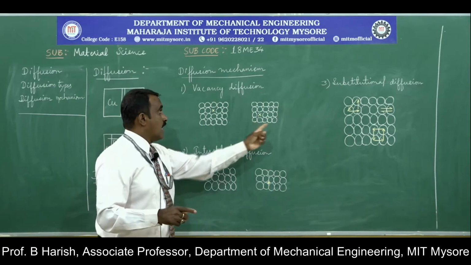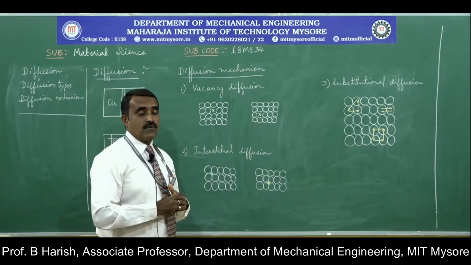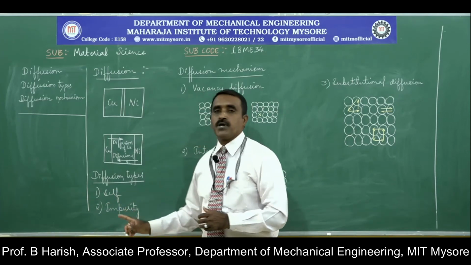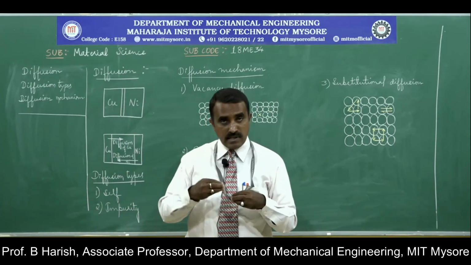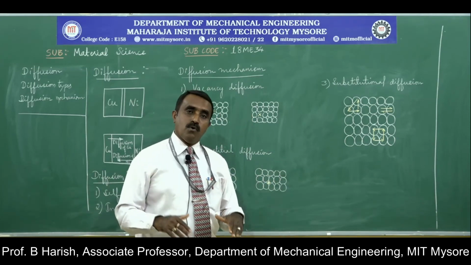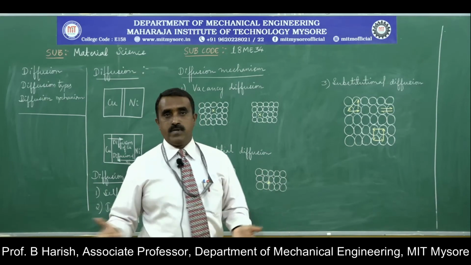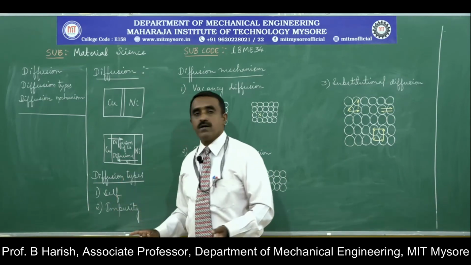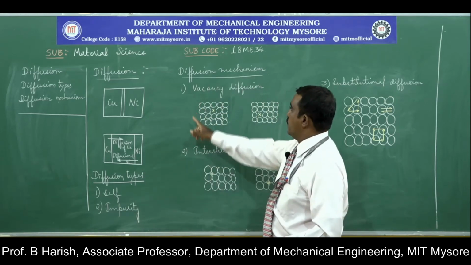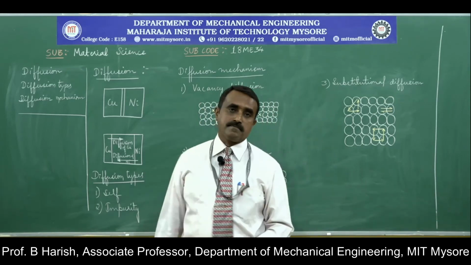Vacancy diffusion can be either self diffusion type or impurity diffusion type. It can be within a single crystal structure or it can be more than one structure. That is the vacancy diffusion mechanism.